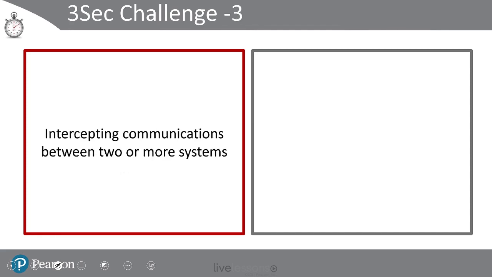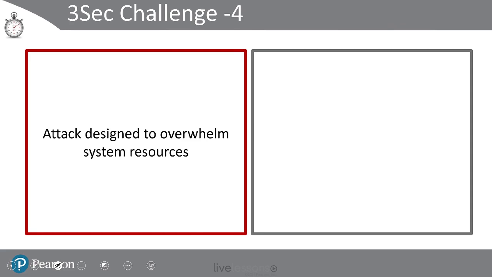Challenge 3. Intercepting communications between 2 or more systems. You know this one, I'm sure you do. 1, 2, 3. Hijacking. Challenge 4. An attack designed to overwhelm system resources. 1, 2, 3. It's the one I just showed you.